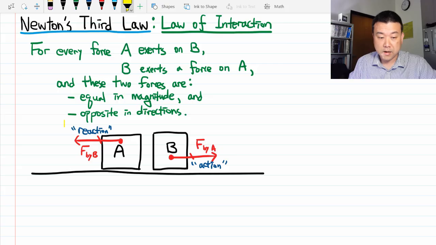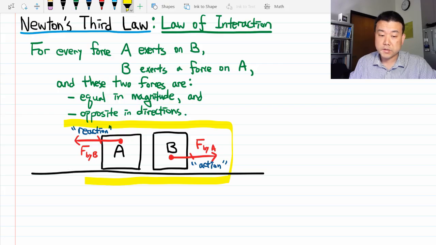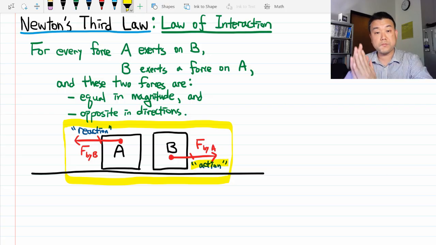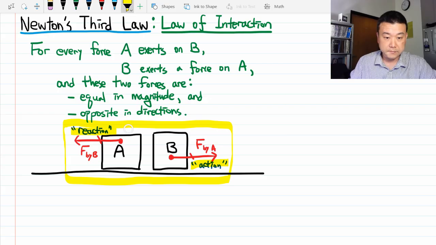And the biggest thing I want you to see here is the symmetry in this interaction. Action force and reaction force, there's no difference between them whatsoever. If this action force was a contact force, if A pushed on B by normal force, then the reaction force is also going to be a contact force, normal force on A by B. And in fact, this symmetry is so complete, we can swap the labels around.